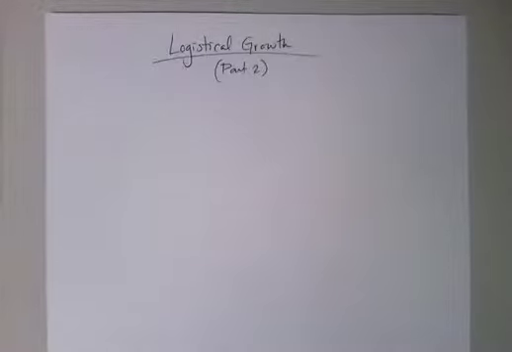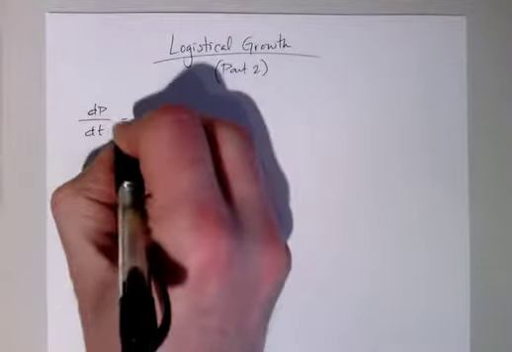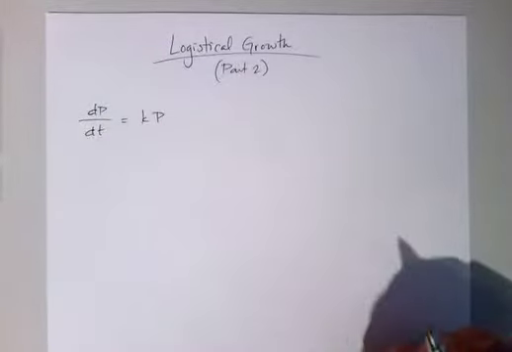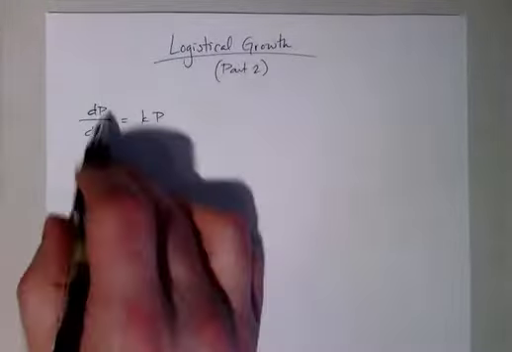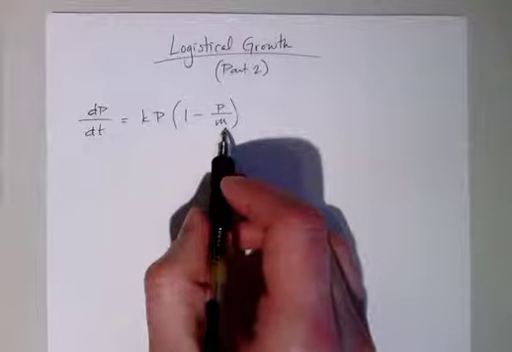Now remember, logistical growth differs from simple exponential growth, because in simple exponential growth the rate of change is proportional to the population. Logistical growth adds this factor, which is 1 minus the population over the carrying capacity.